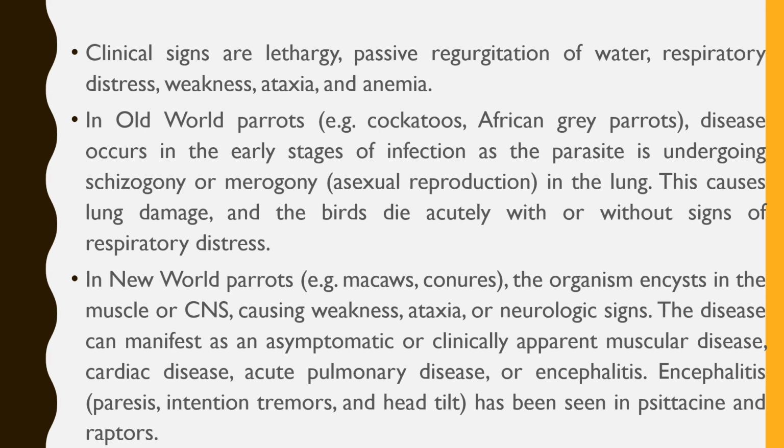In New World parrots like macaws, the organism encysts in the muscles or CNS, causing weakness, ataxia, and neurological signs. The disease can manifest as asymptomatic or clinically apparent muscular disease, cardiac disease, acute pulmonary disease, or encephalitis. Encephalitis, paralysis, intention tremors, and head tilt have been observed in cetaceans and raptors.